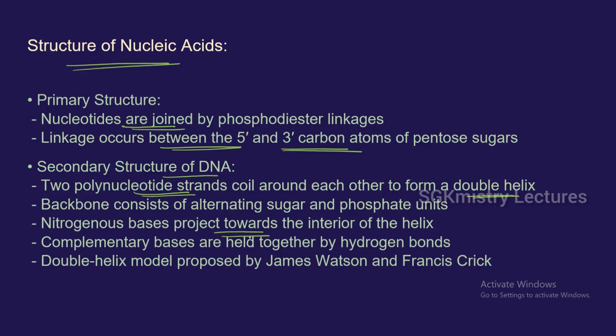Whenever we are considering the double helix structure like this, in the backbone there are sugar and phosphate linkages. The sugar units of the various nucleotides are joined together by phosphodiester linkages, so there are just sugar-phosphate linkages along the entire backbone of this double helix.